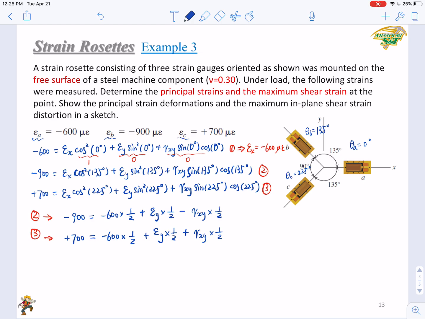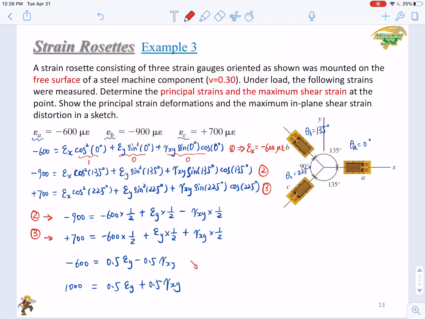This can be further shortened into negative 600 equals 0.5 epsilon y minus 0.5 gamma xy, and 1000 equals 0.5 epsilon y plus 0.5 gamma xy.